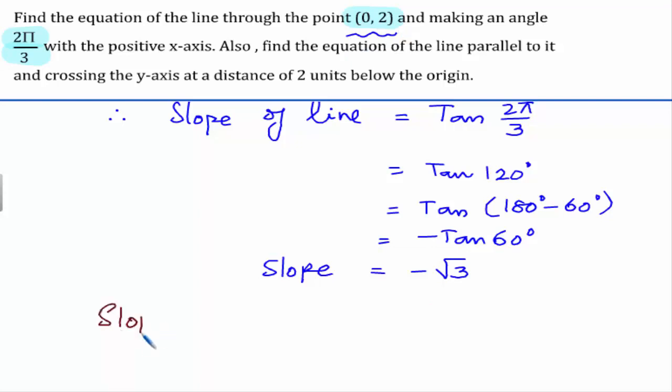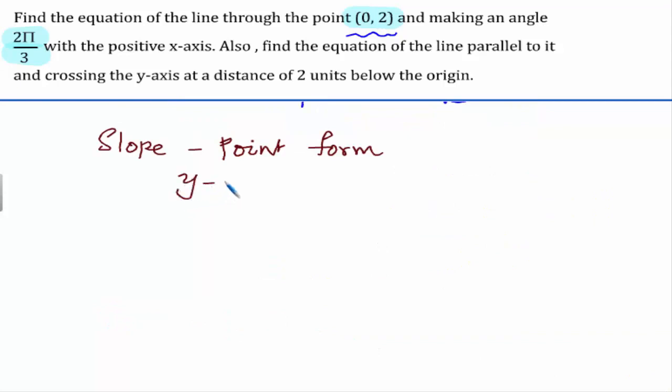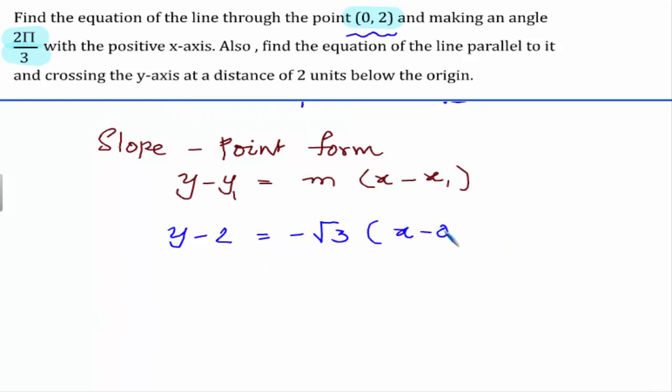The slope point form is y minus y1 is equal to m into x minus x1. So using this formula, y minus 2 is equal to the slope m, which we got as minus root 3, into x minus 0.